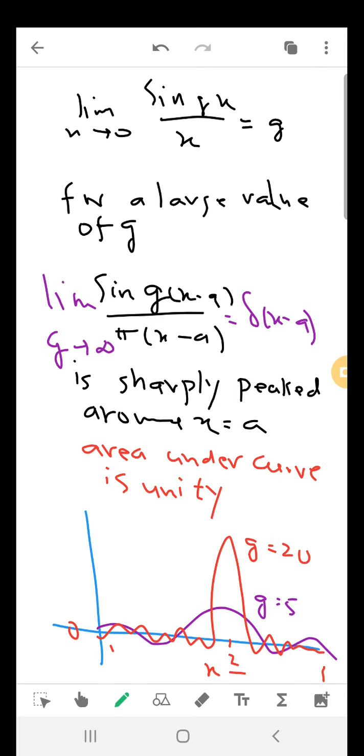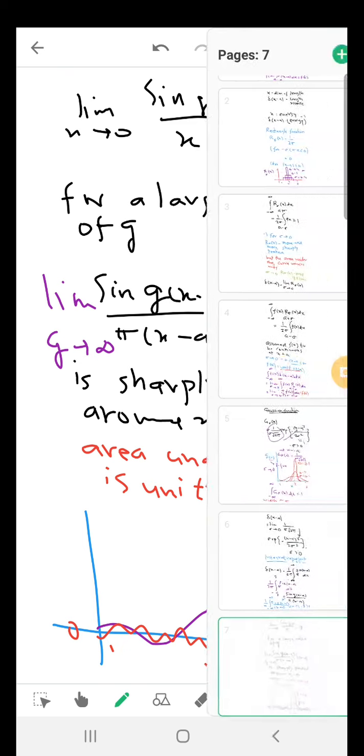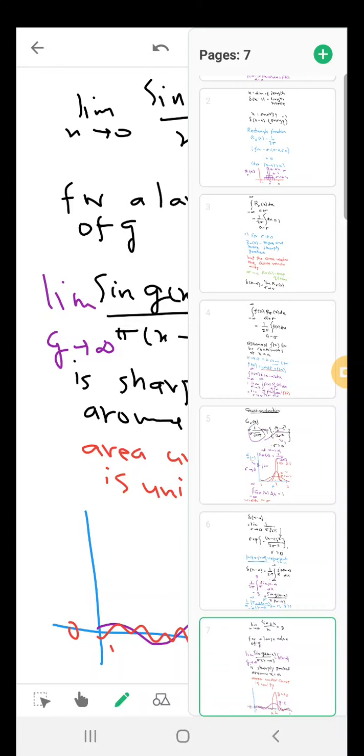Now there are some important properties of delta function.